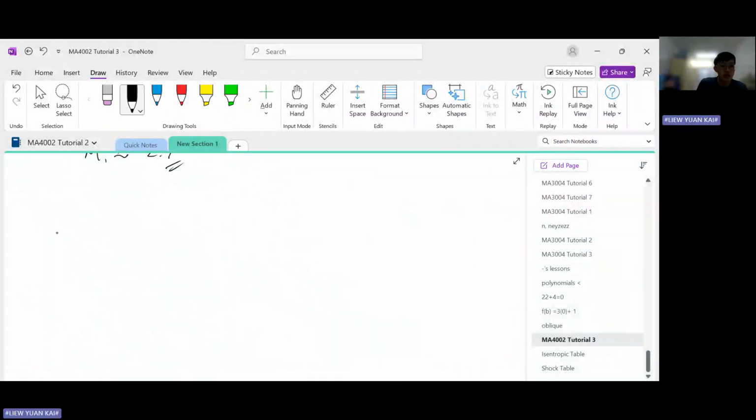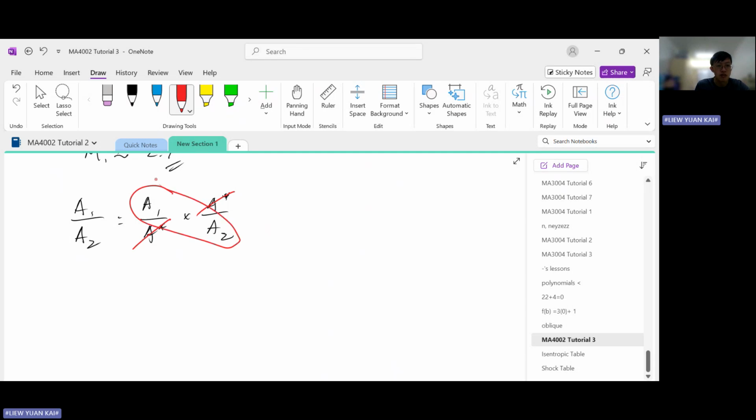First, let us re-express A1 over A2 as this. I'm going to show you the re-expressed form and then explain. A1 over A2 can similarly be written as A1 over A star times A star over A2. Mathematically, why is this true? These two can cancel, leaving behind A1 over A2, which is what we get on the left-hand side.